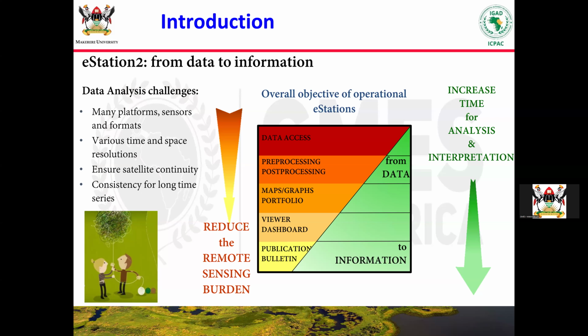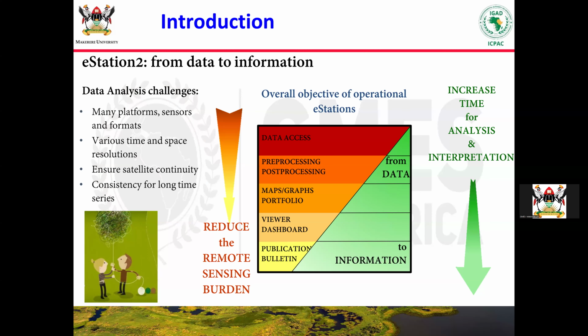So our Earth observation data sets come in these resolution variances. And then also the satellite continuity, like I mentioned, and the consistency for the long-term series.